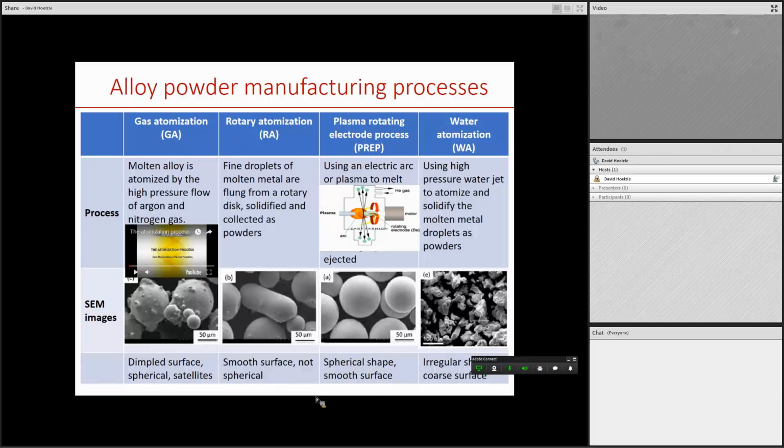It's kind of elongated. Then the water atomization is the one with irregular shape and coarse surface. Actually, because of this coarse surface, the components made by the water atomization powders actually has high surface roughness.